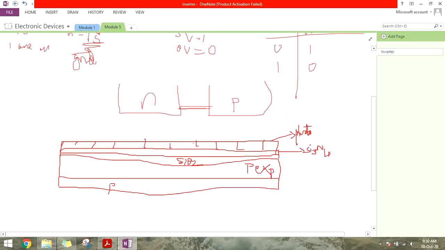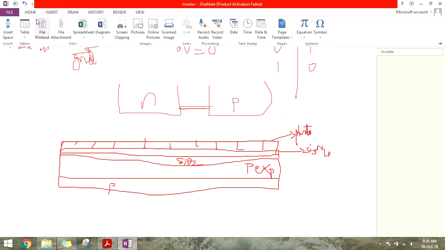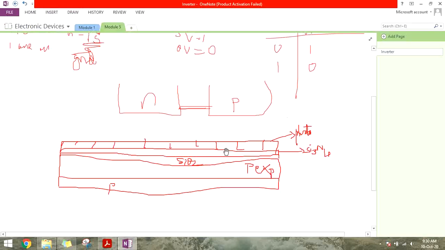Then after that, only in this part, the oxide, the silicon nitride and the photoresist are removed. So reactive ion etching is used to etch the silicon nitride and the oxide.